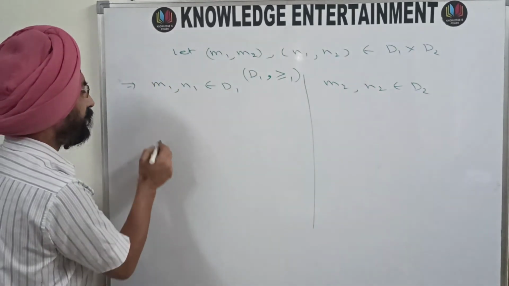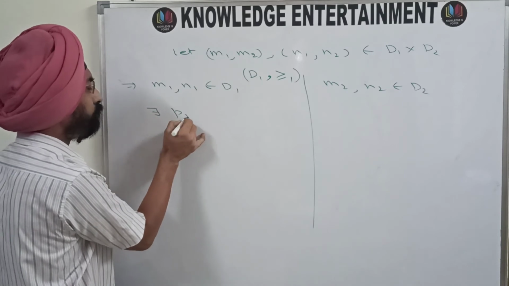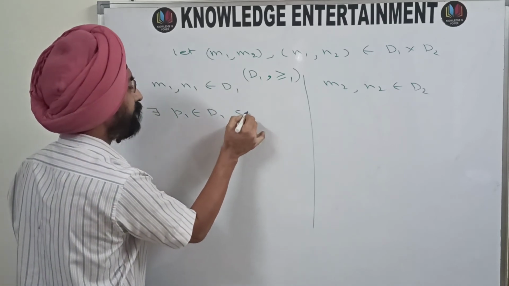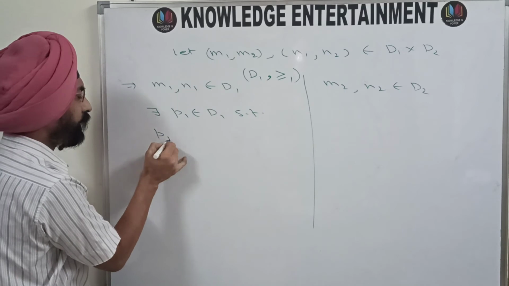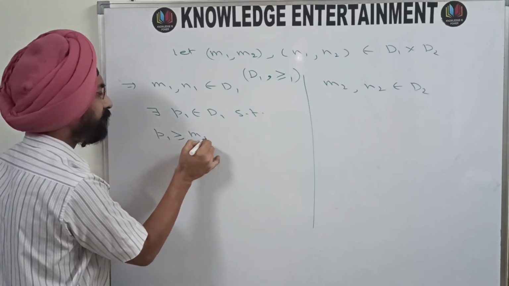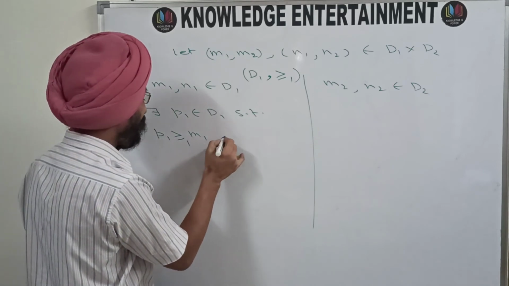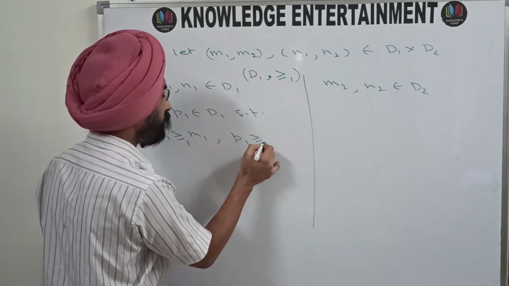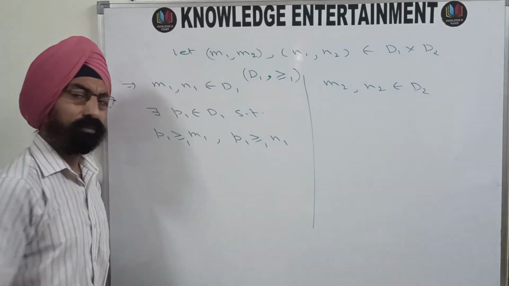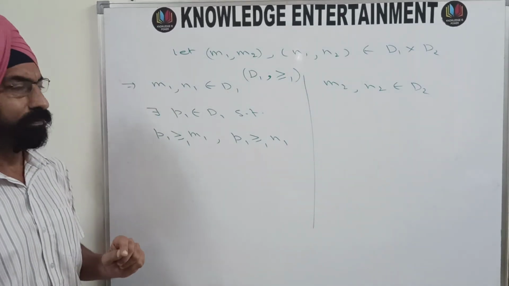So therefore there exists P1 belonging to D1 such that P1 follows M1 with this greater than or equal to 1 and P1 follows N1 under the same binary operation.